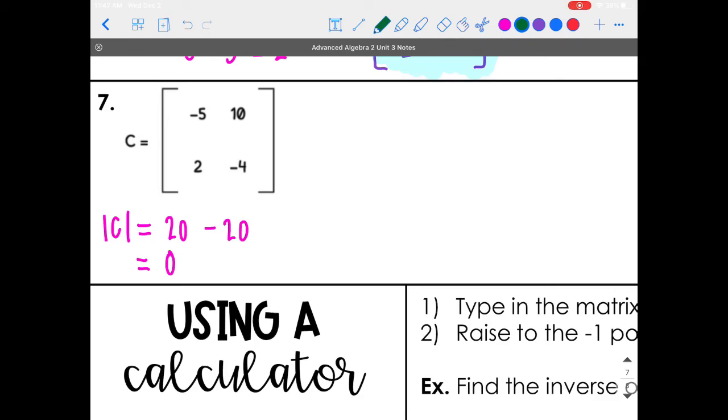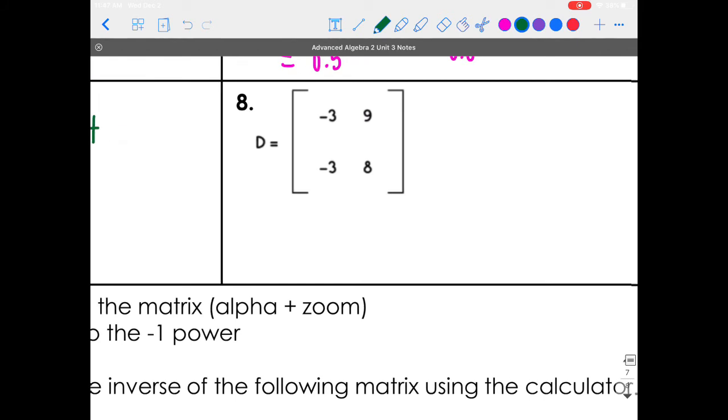Equals 0. And if you remember, when the determinant is 0, the inverse does not exist. I forgot that one was there and you were supposed to be doing it by yourself. You probably got confused. But if the determinant is 0, the reason is because you can't divide by 0. So when we try to do 1 divided by 0, it would be undefined. And that's why.